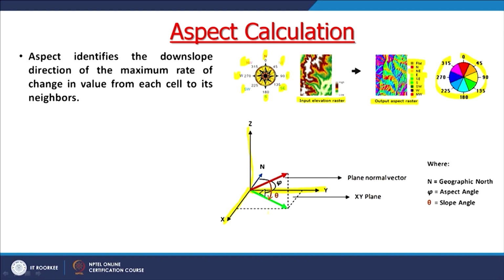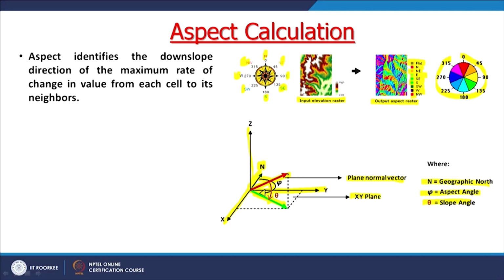So, this angle between this plane normal vector and this, that is your theta, is a slope. Now, with reference to the north, which is shown here, the angle with that to this green line, that is in sloping surface with reference to north, that becomes our aspect, that phi angle, and north you have already seen.